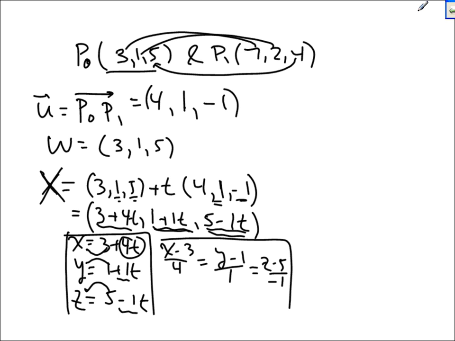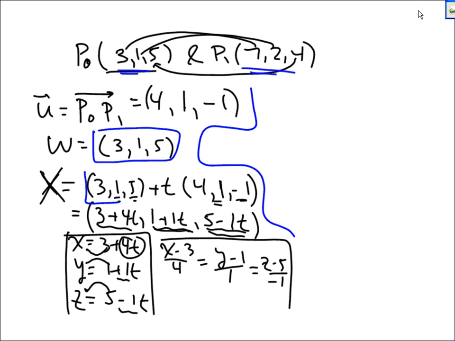Okay. Now, I'm going to do this all again. Do it in blue. Make it look different. Instead of using (3, 1, 5) for W, I'm going to use (7, 2, 4). I have all the space I can have.